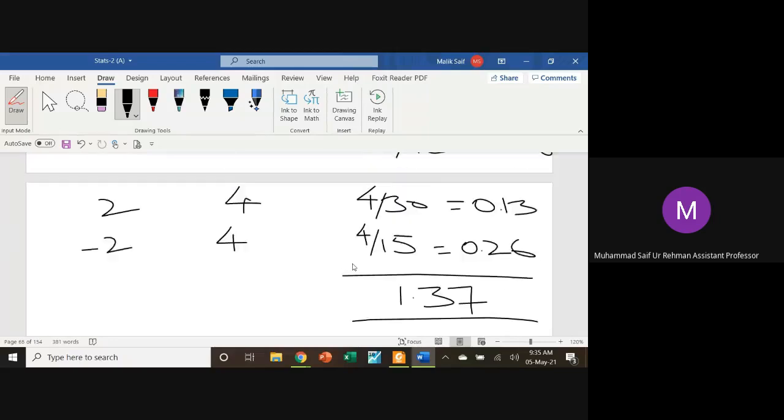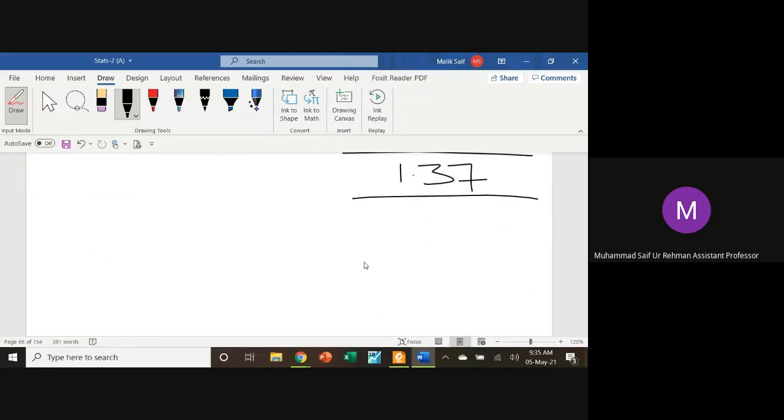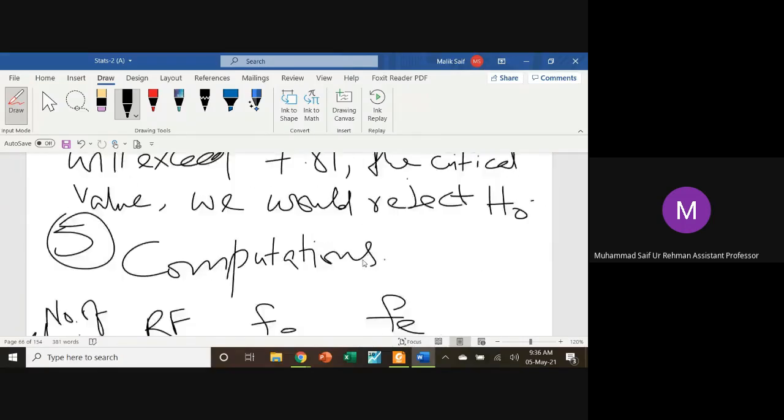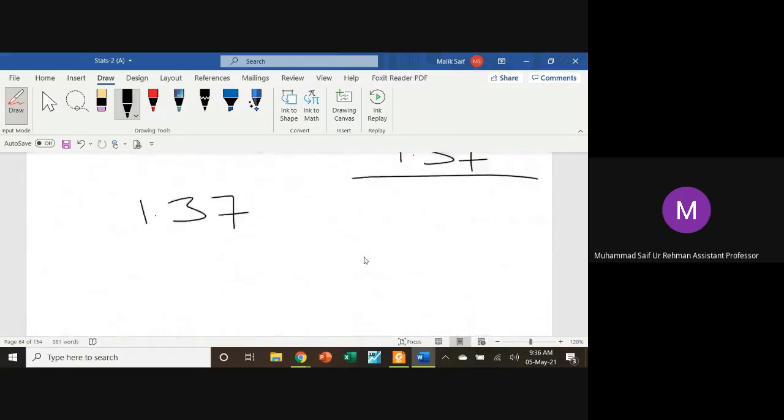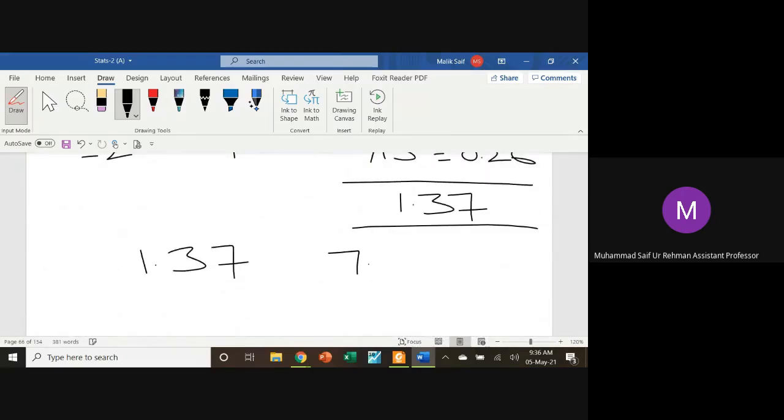Okay. So now you can compare this value 1.37 with the critical value or the tabulated value. What was that value? 7.81. Which one is greater? This one is greater. 7.81 is larger than 1.37.